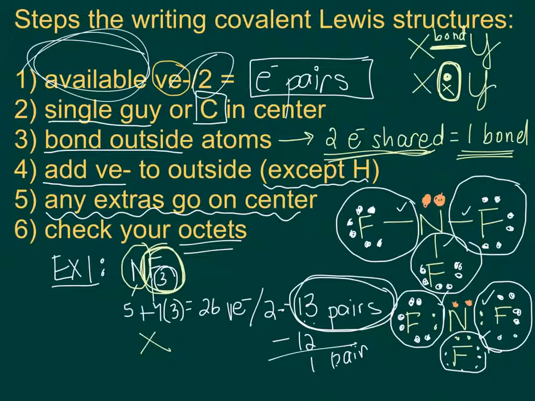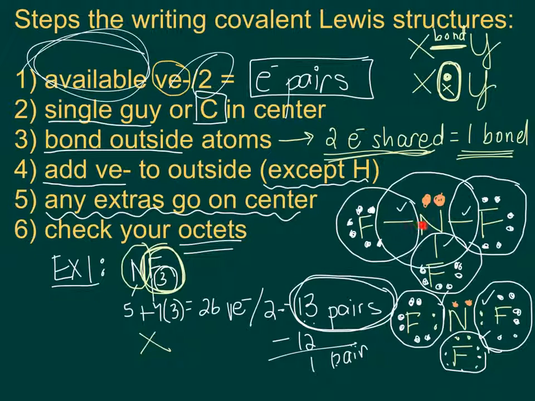So look at number 6. 6 says check your octets. Well, we already checked our octets for fluorine 1, fluorine 2, fluorine 3. But let's check our octet for nitrogen. I know it's hard to see with all of my drawing here, but inside that huge circle, let's count.